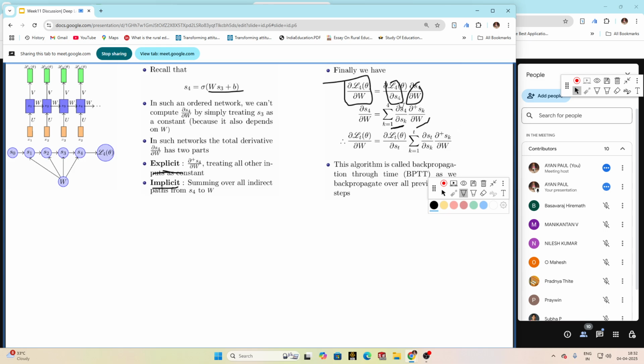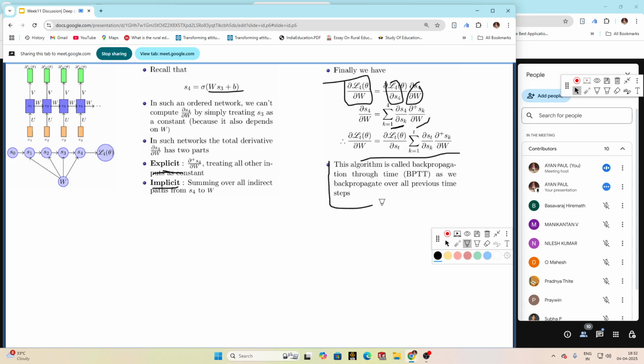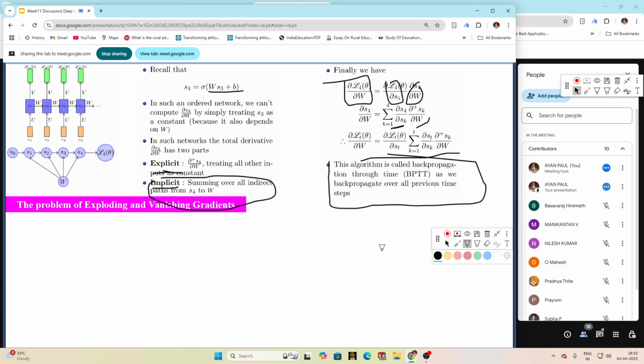If we can calculate the implicit and we have the explicit, we can get the full differentiation. This algorithm is known as backpropagation through time, as we backpropagate over the previous steps. In the implicit terms, we are backpropagating over all the previous steps, that is s3, s2, s1 and s0. That is why this algorithm is known as backpropagation through time.